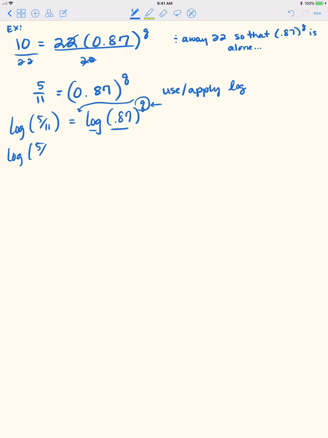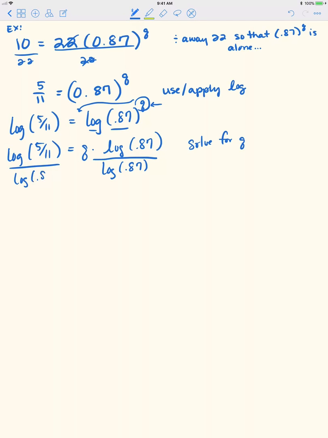So I have the log of 5 over 11 equals q times the log of 0.87. I'm solving for q, and currently it's just being multiplied by a number. So I'm going to divide both sides by the log of 0.87, canceling it from the right, and I get that q is this nice quotient of logs, log of 5 over 11 over the log of 0.87.